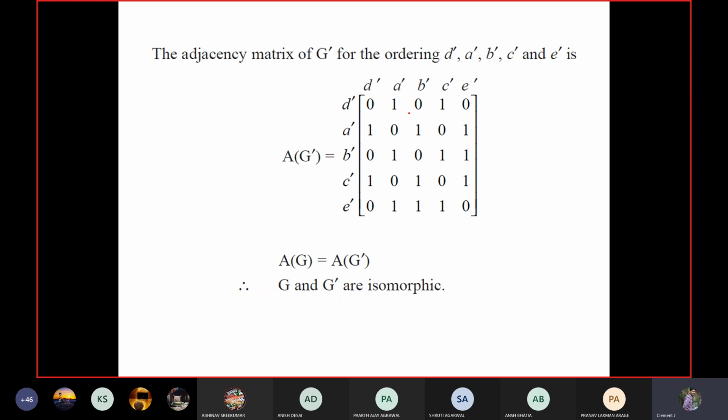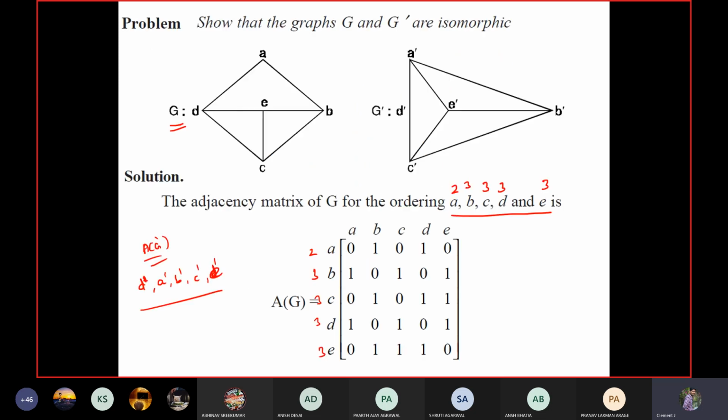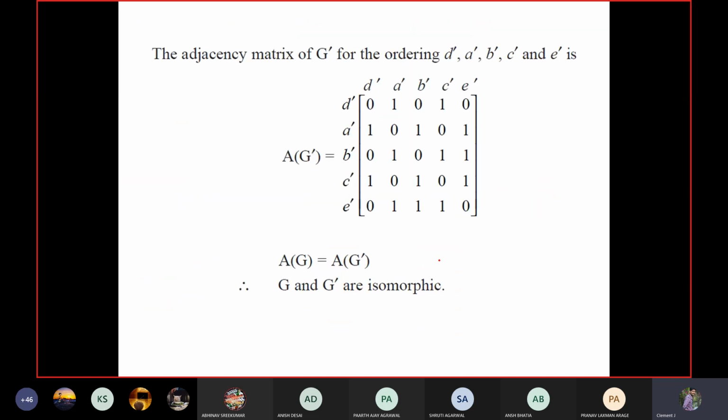Then you can start determining the adjacency matrix. Then automatically you will get both adjacency matrices the same. You can check with respect to each row, and you will get the same answer.